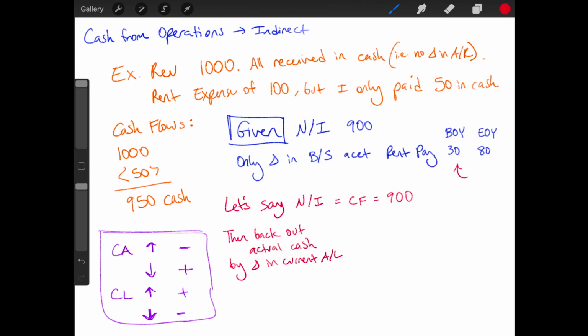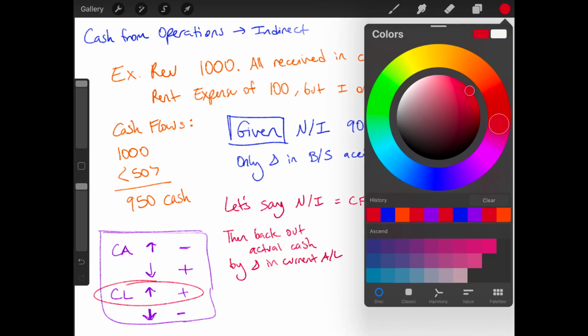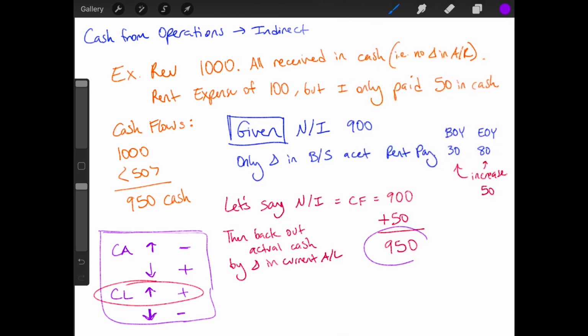So again, we're starting with that 900, but we had a change in a current balance sheet account of an increase of 50, and this was an increase of 50 of a current liability, right? And so simply using the cheat sheet that we were able to create in the last question, we know that an increase in a current liability is something that we should add back to our net income to solve for cash flows, and it matches, which is great, right?